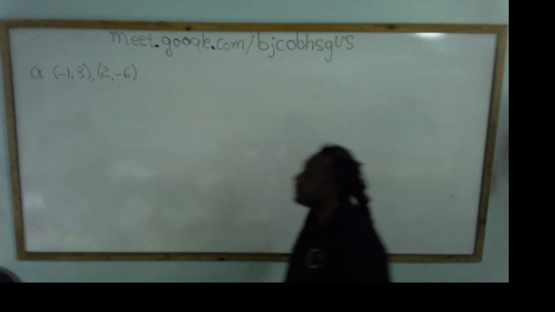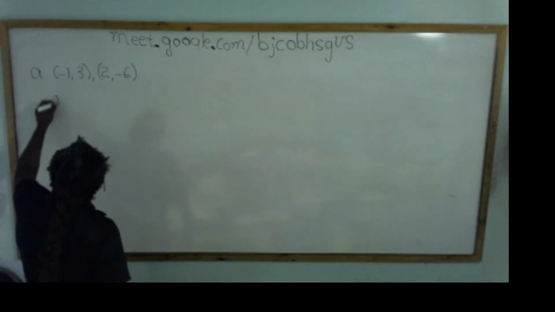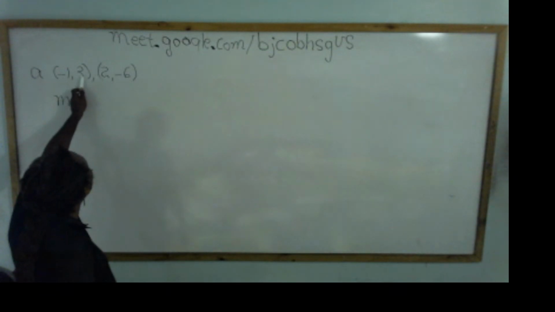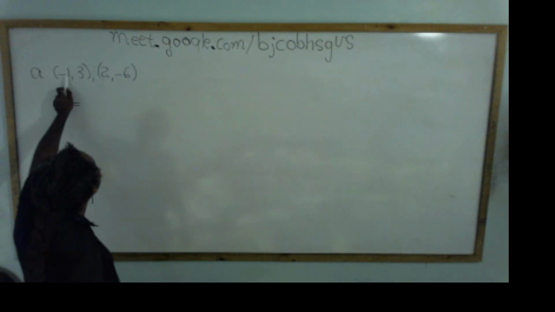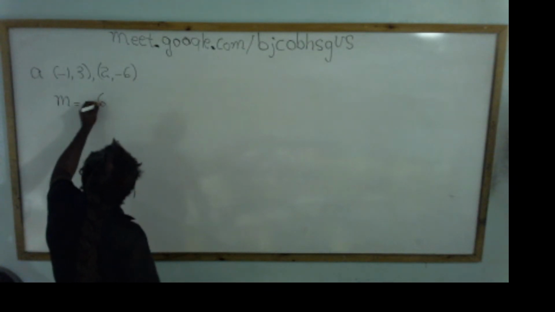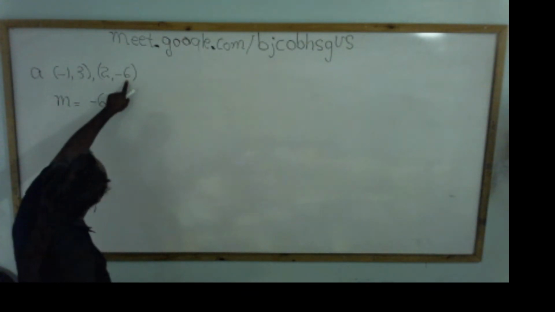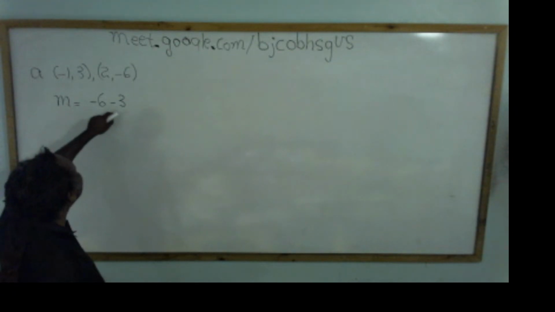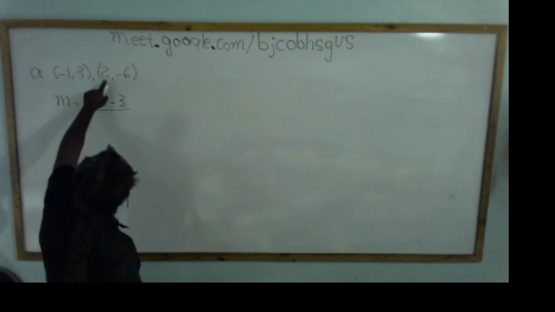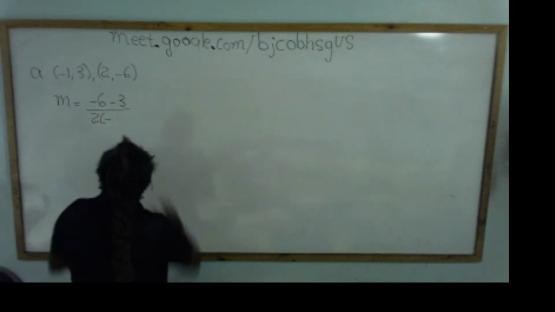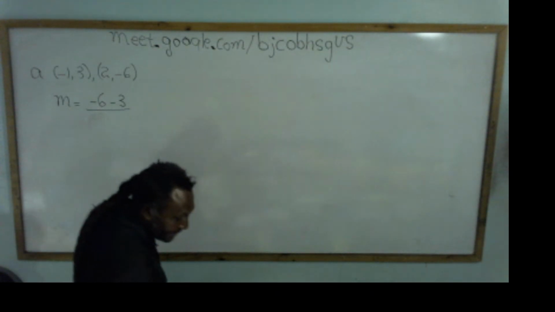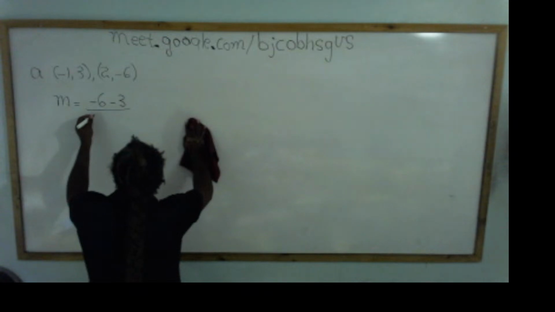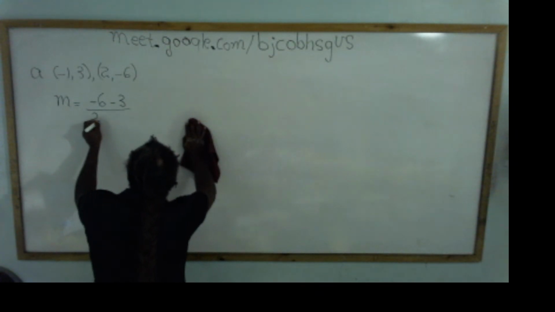Let's go. The first thing that we need to do is find the gradient. So m is equal to y2 minus y1 over x2 minus x1. So y2 minus y1: y2 is -6, minus y1, -3, that is -9, all over x2 minus x1, which is 3.